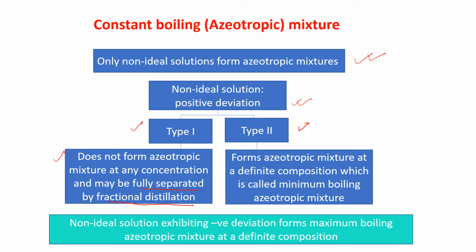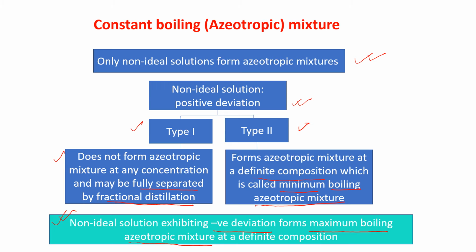Type 2 forms an azeotropic mixture at a definite composition which is called a minimum boiling azeotropic mixture. They are called minimum boiling azeotropic mixtures, coming from type 2 positive deviation. A non-ideal solution exhibiting negative deviation forms a maximum boiling azeotropic mixture at a definite composition.